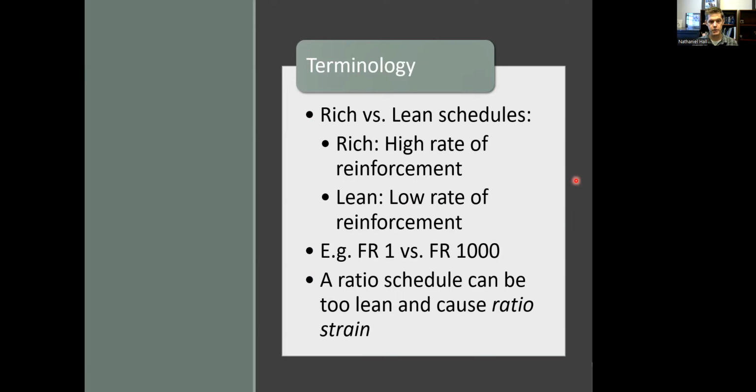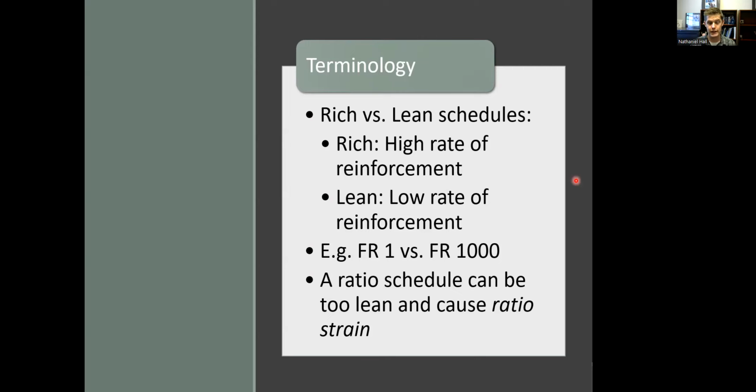A ratio schedule can be too lean, right, and cause what we call ratio strain. So if you set a ratio schedule of 1000 would be a good example, but sometimes even with dogs, a ratio of 30. So say, for example, you are running a detection dog scenario where you're only going to deliver your terminal final reinforcer after 30 correct, trained final alerts occur correctly to the target odor.